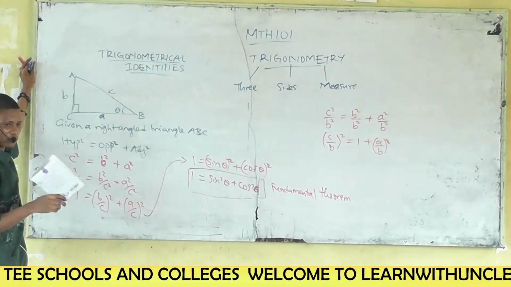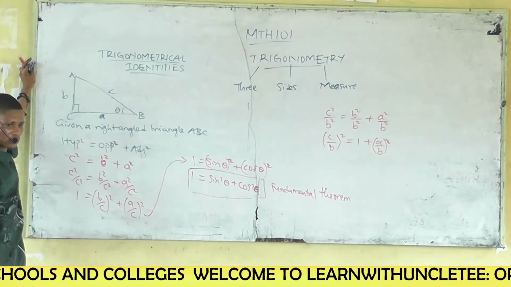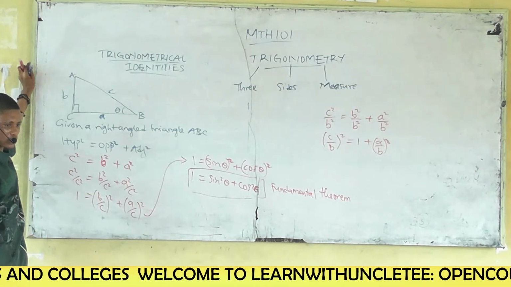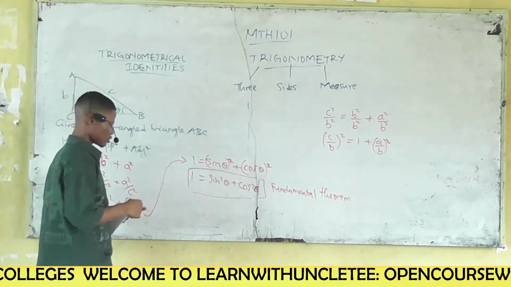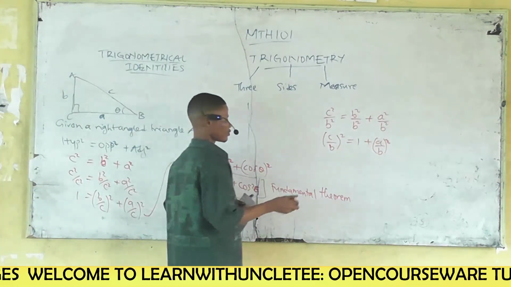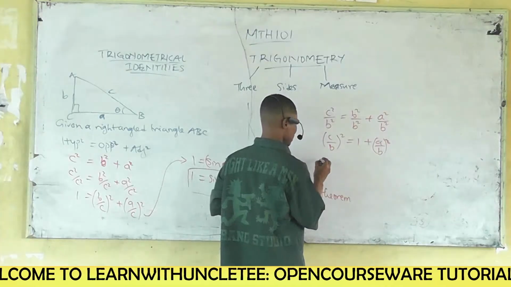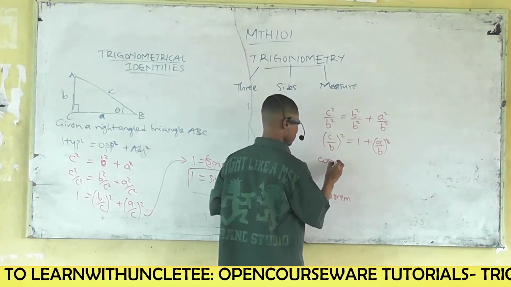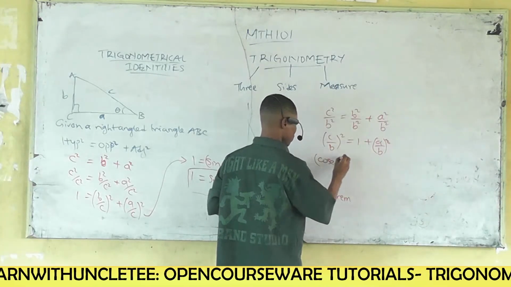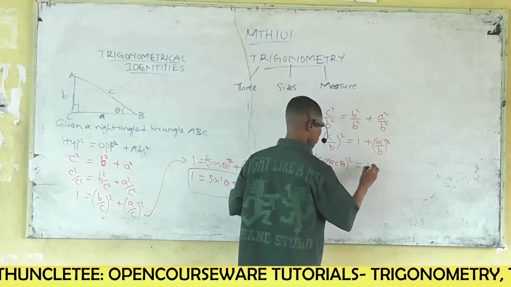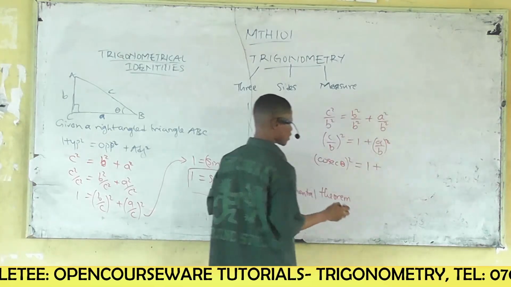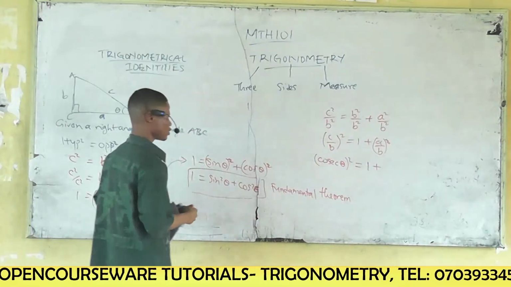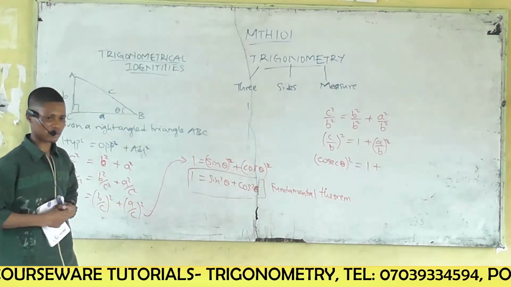Now, the reciprocal of sine theta is what? Cosec theta. The reciprocal of sine theta is cosec theta all squared equals to 1 plus what?